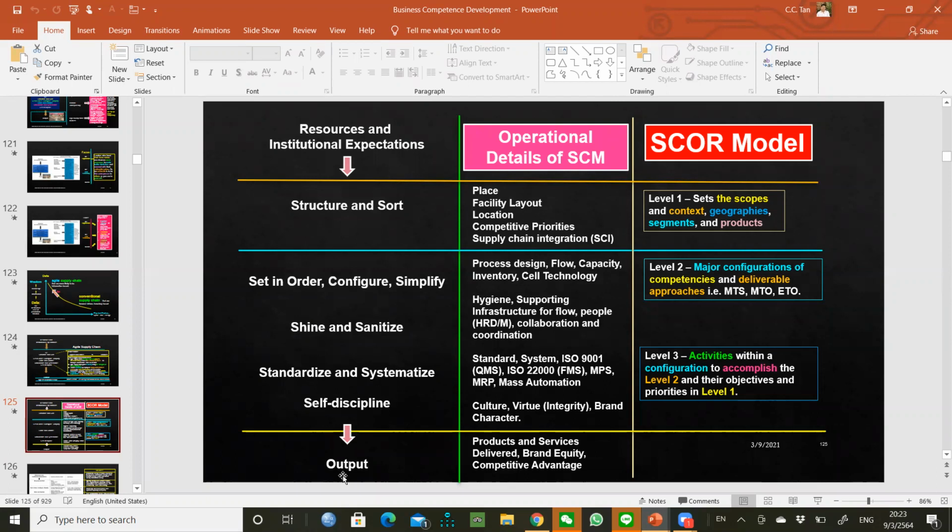And then we generate the output. And we have already explained this. I have already explained it in another previous YouTube video. You can go to my YouTube and look carefully at how these 5S guide the operational design.